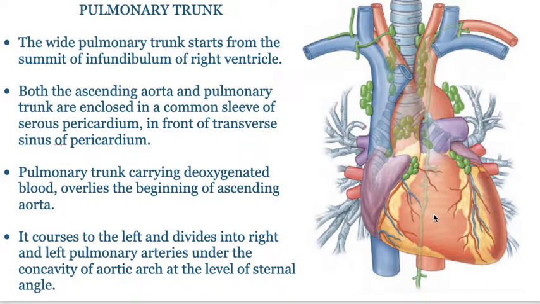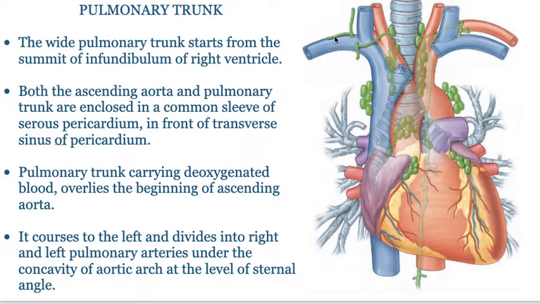The pulmonary trunk. The wide pulmonary trunk starts from the summit of the infundibulum of the right ventricle. Both the ascending aorta and the pulmonary trunk are enclosed in a common sleeve of serous pericardium, in front of the transverse sinus of pericardium.